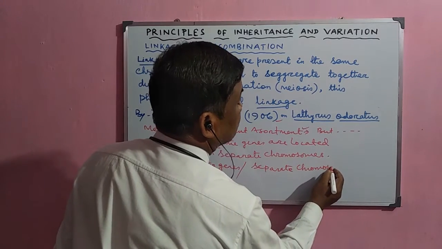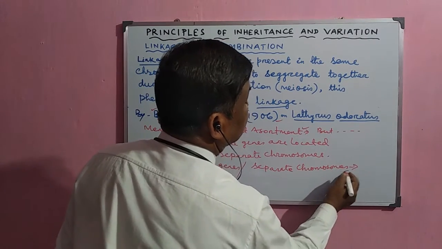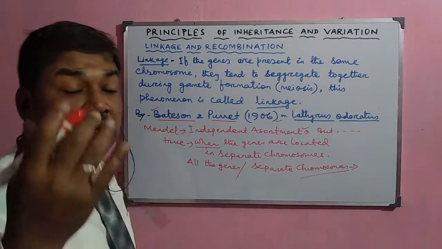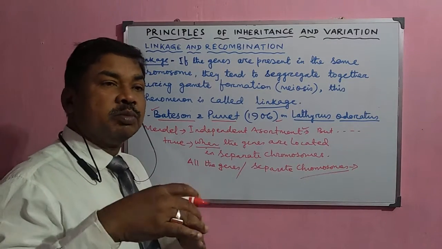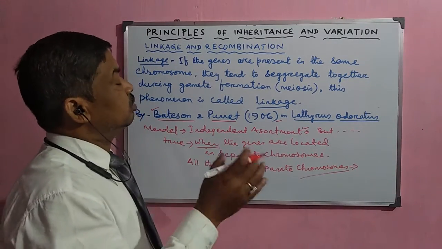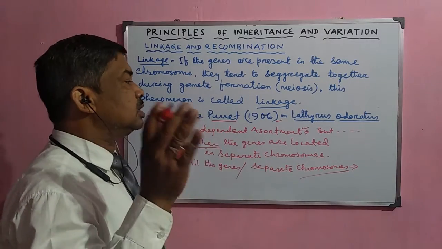That is why the genes segregated from one another independently during gamete formation, and in the formation of the new organism of the next generation.